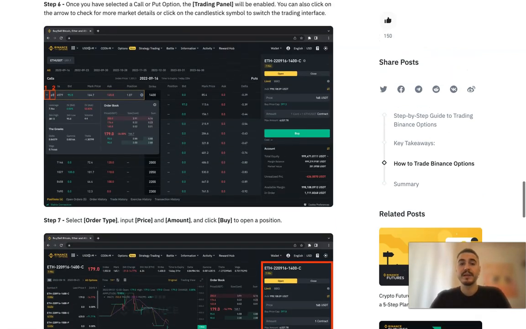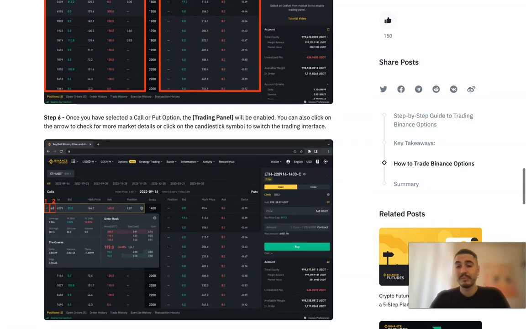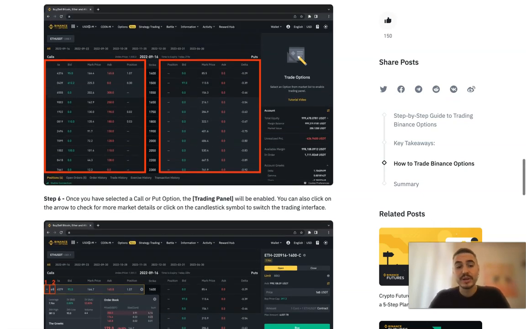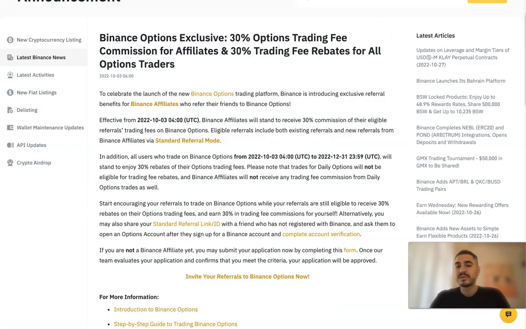And there is one more thing that I want to share with you. Remember that I told you about the referral benefits and a super nice system of rebates. Celebrating the launch of Binance Options, Binance is introducing exclusive referral benefits for Binance affiliates who refer their friends to Binance Options.